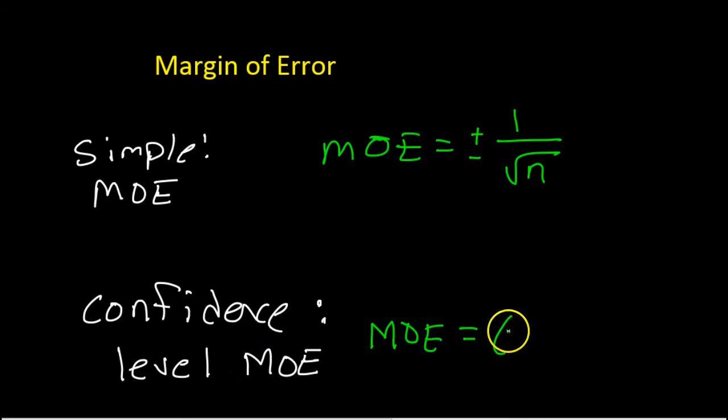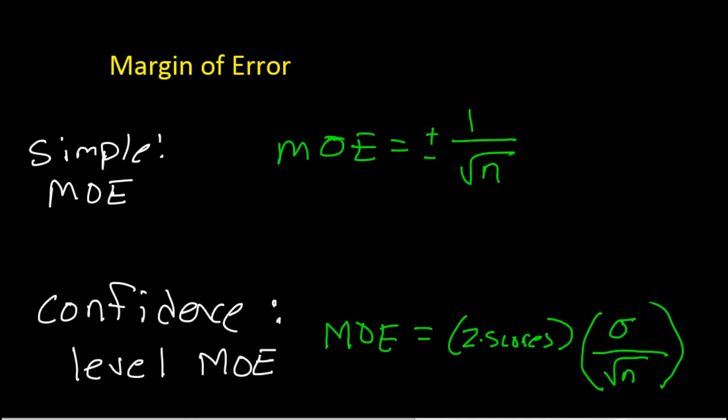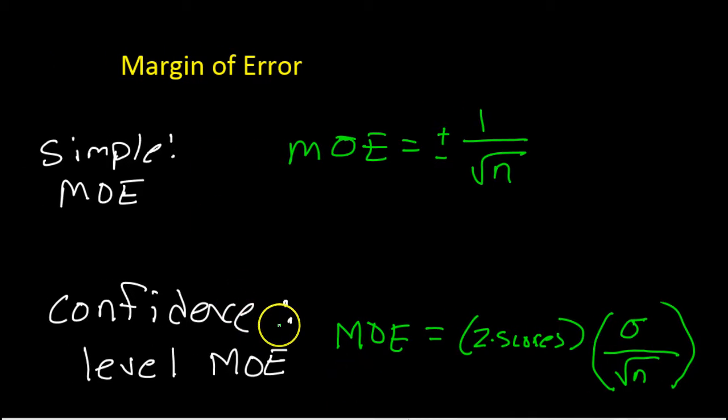And for that, we need certain z-scores, which we'll get into when we need it. So it's the z-score, and then we've got this whole other fraction over here: standard deviation over the square root of the sample size.